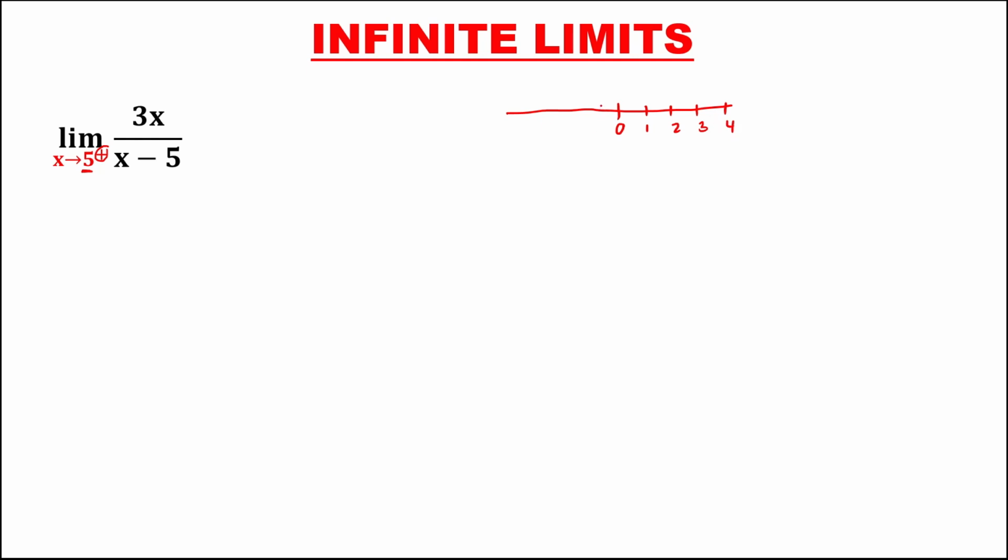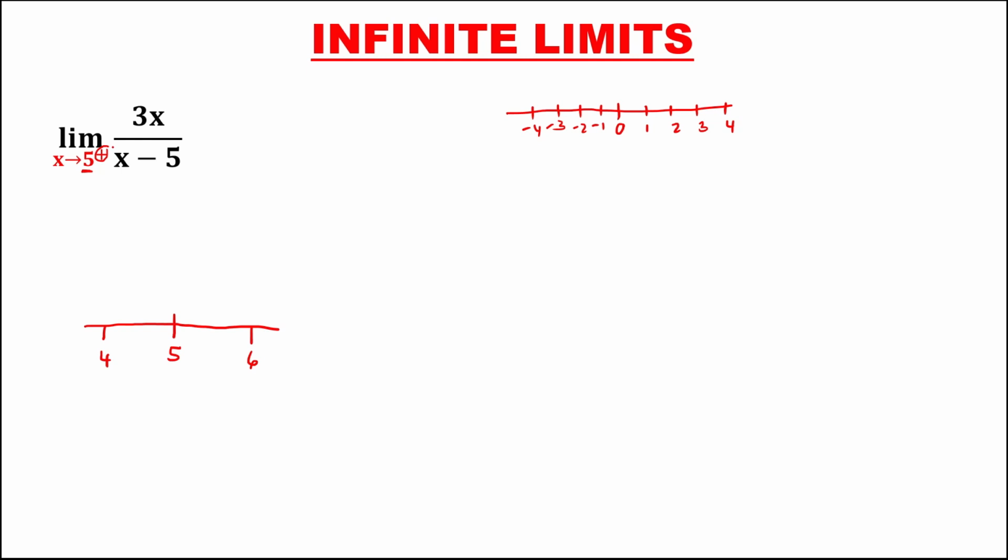Then on the left, that's negative 1, 2, 3, and 4. So for this limit in a number line, this is where the limit approaches positive 5. On the right of positive 5, that's positive 6. Then on the left, that's positive 4.